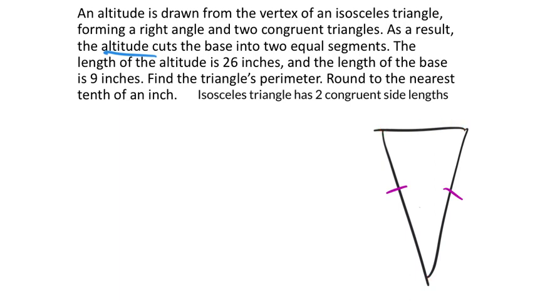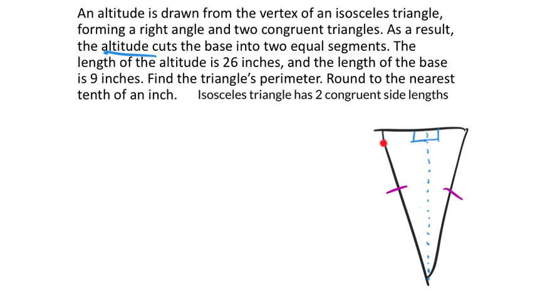It has to go from this one. So I get a vertex right here in this bottom corner, and then I'm going to have an altitude going straight through the middle of this triangle, forming a right angle here and a right angle here. I got two right angles, but it doesn't matter. So my blue line there is an altitude.